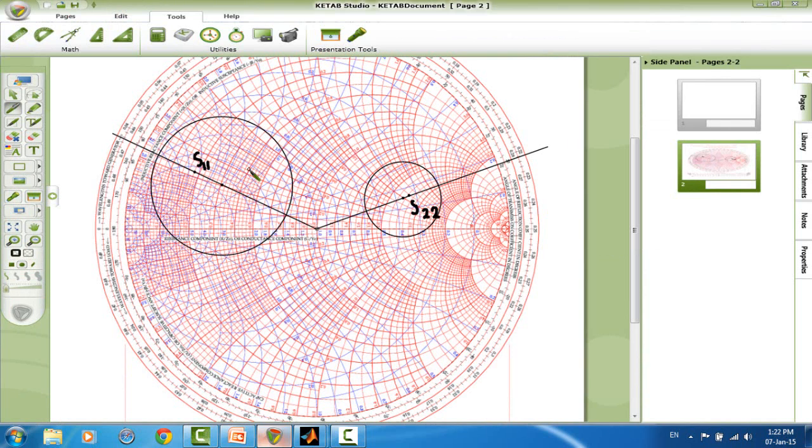We can use this path over here to the origin, and then we can use this path over here to this point. We have these points, this one and this one.